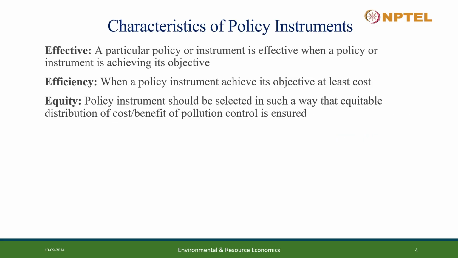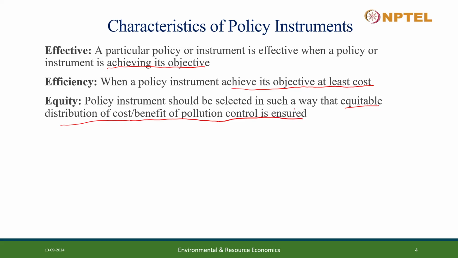Okay, so then we learned about the characteristics of policy instruments. A policy instrument is called effective when the instrument achieves its objective. The policy instrument is efficient when it achieves its objective at minimum cost, and a policy instrument has the characteristic of equitable distribution of cost or benefit of pollution control.